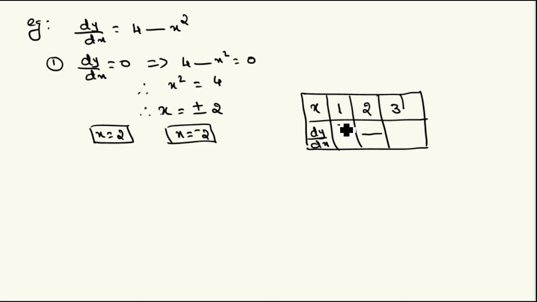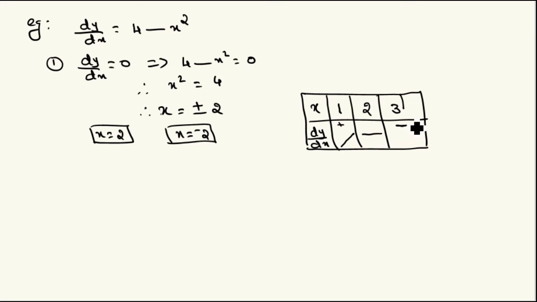It is positive. So positive means your tangent is making an acute angle. So I am drawing one line like this. This means that the tangent is making an acute angle in this direction. Now x equal to 3, 4 minus 3 squared, 3 squared is 9, 4 minus 9 is negative, so negative.